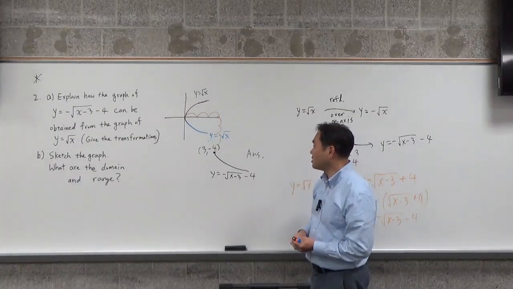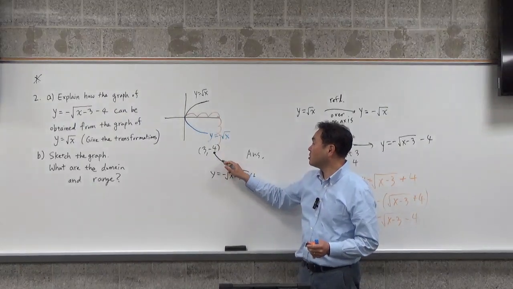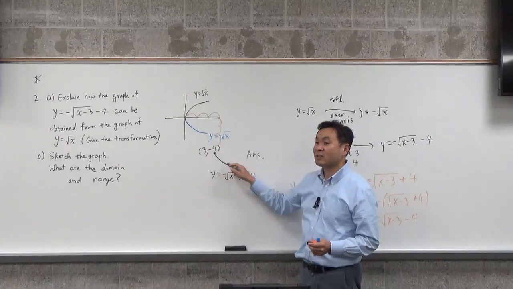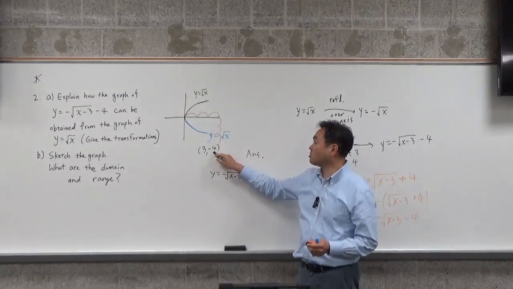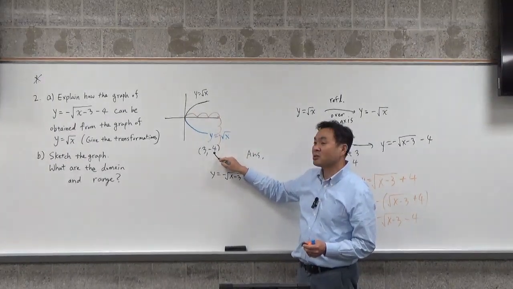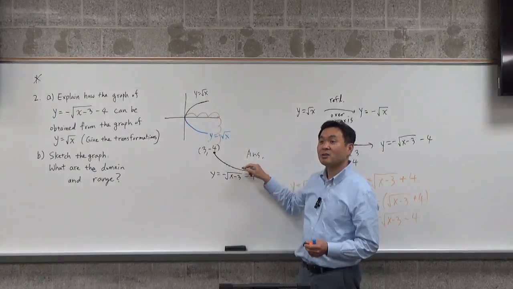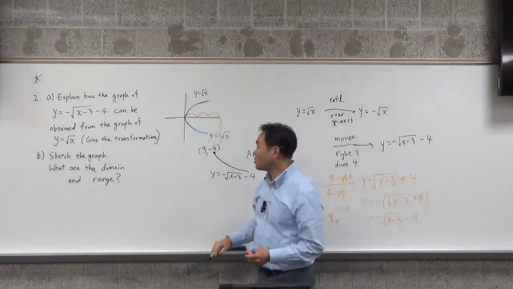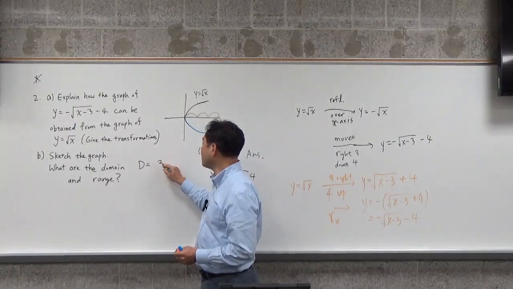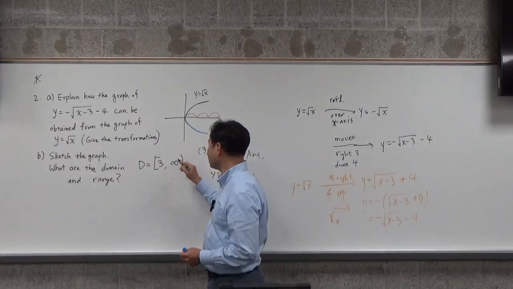All the y values, right? So for each point on this curve, you have to look at its x coordinate. What's the x coordinate of this point? 3, right? I don't know the x coordinate of this other point, but it will be bigger than 3. Don't you agree? Yes, very good. So the domain here would be 3, including 3, to positive infinity.